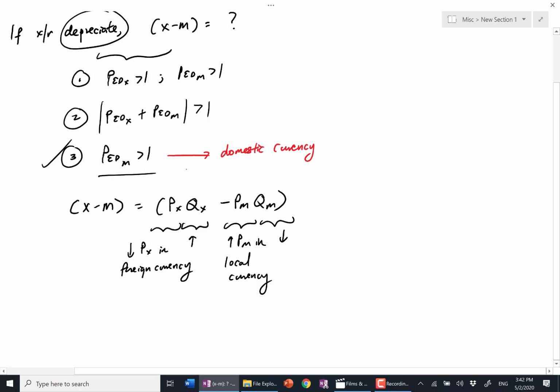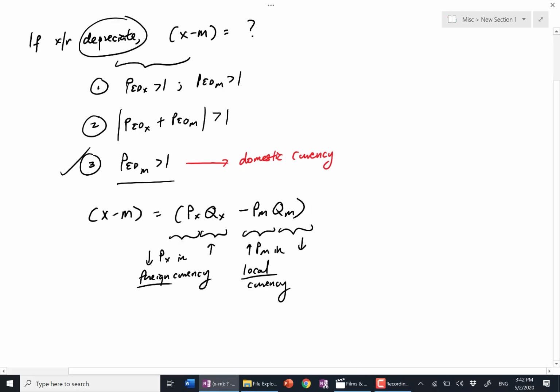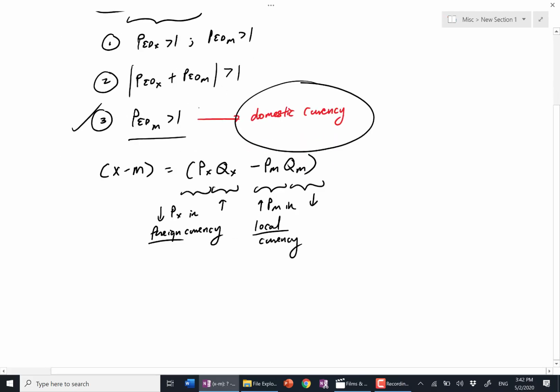So using PED M exceeds 1, first understand that if this is domestic or local currency, this is foreign currency. It's like the cow's head doesn't match the horse's mouth. That's a Chinese saying, 牛头不对马嘴. Don't match. So they say, why don't we consider everything in terms of domestic currency?